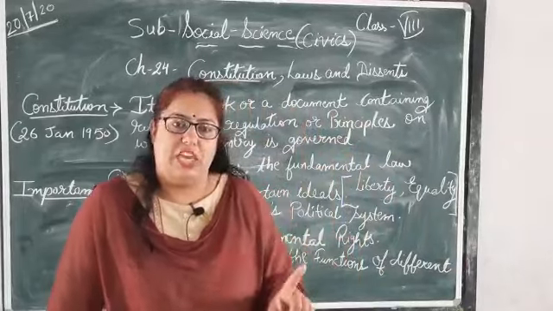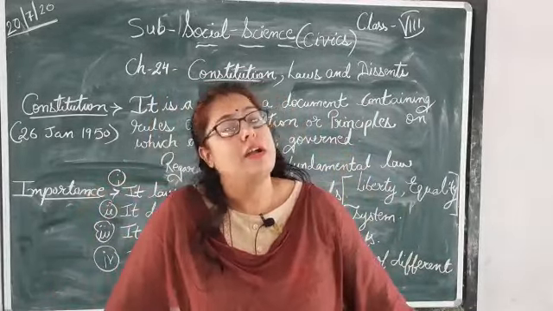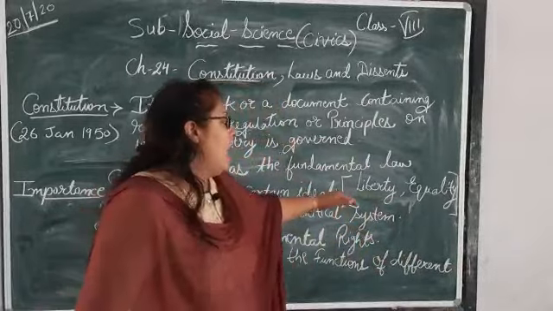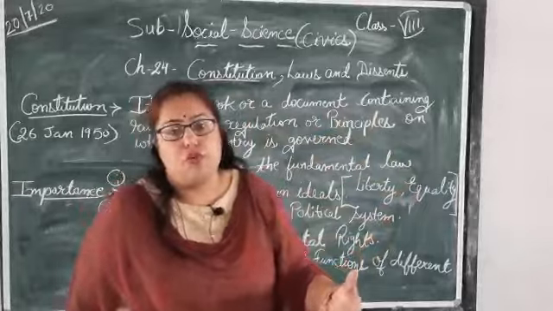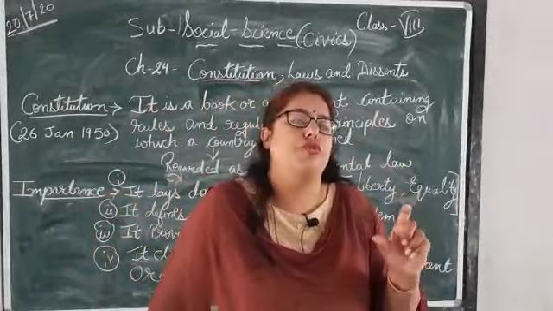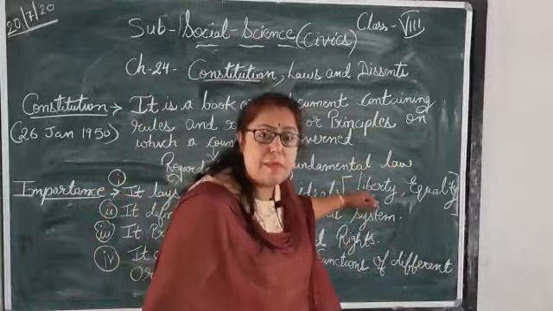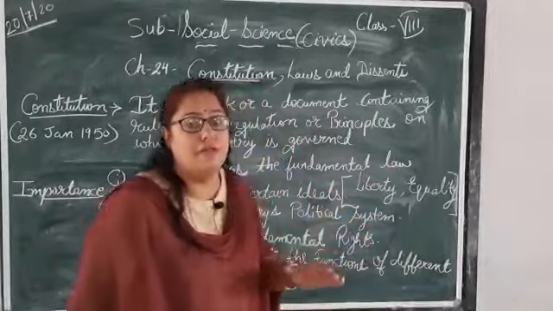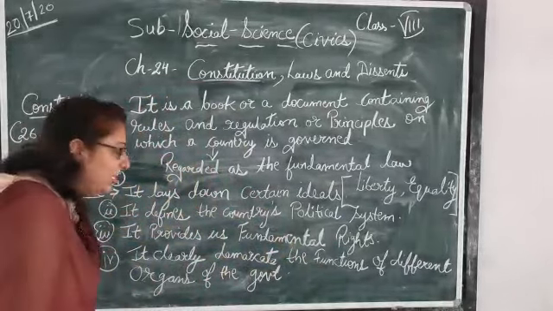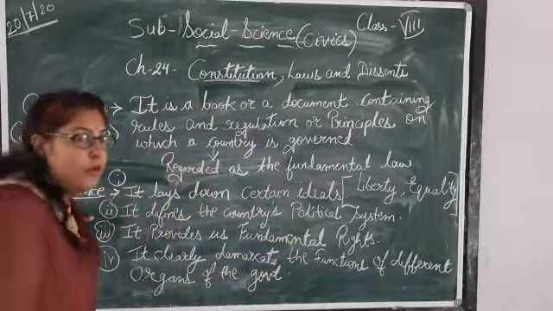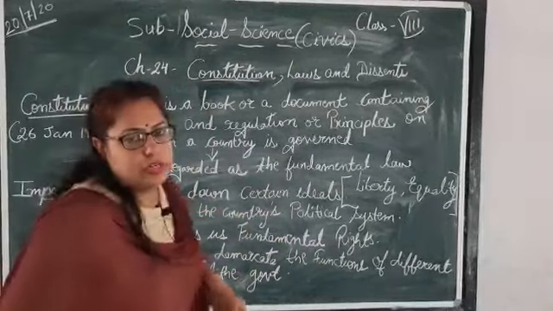The first page, called the preamble, contains certain ideals, and according to those ideals the whole book of our constitution is written. By keeping these ideals in mind, the Constituent Assembly drafted the Constitution of India. So the first importance is that it lays down certain ideals.